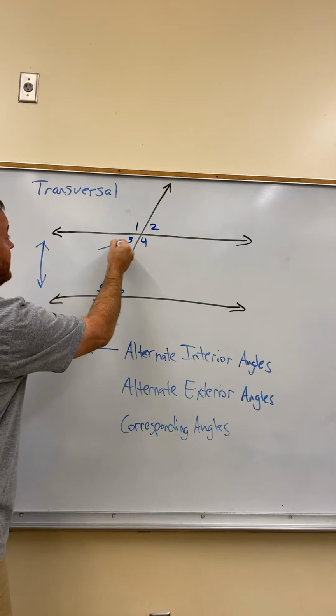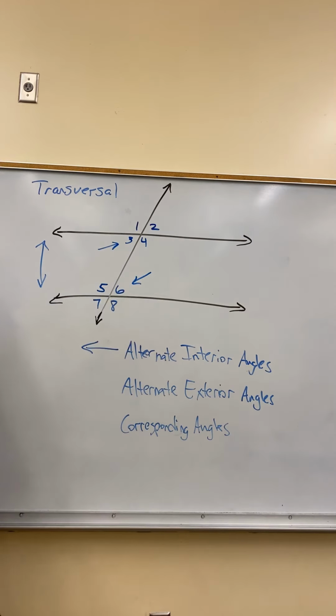So angle 3 and angle 6 are going to be alternate interior angles. The little sideways V, like that, is the symbol for angles. Angle 3 and angle 6 are going to be equal to each other because they're alternate interior. So if I tell you angle 3 is 60 degrees, that means angle 6 is going to be 60 degrees.